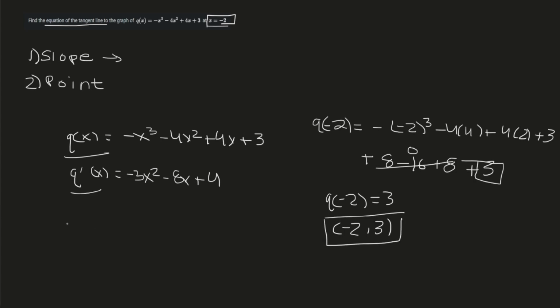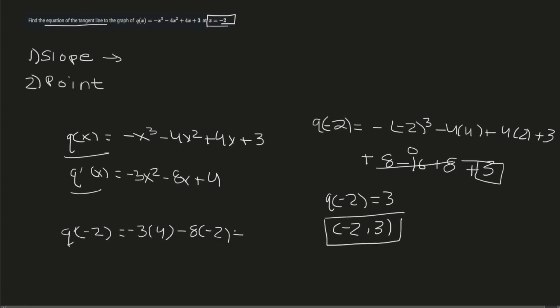Now to find our slope. So we have the derivative of the function. To find the particular derivative at x equals negative 2, we plug in negative 2 into the equation. So negative 3 times 4 minus 8 times negative 2 plus 4. Oh, sorry, this is wrong.